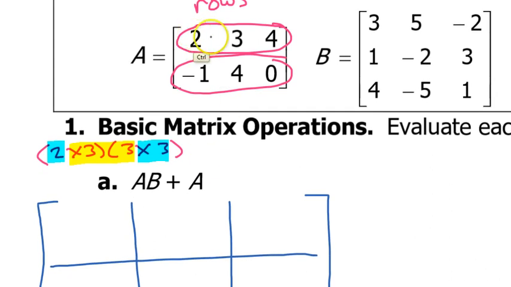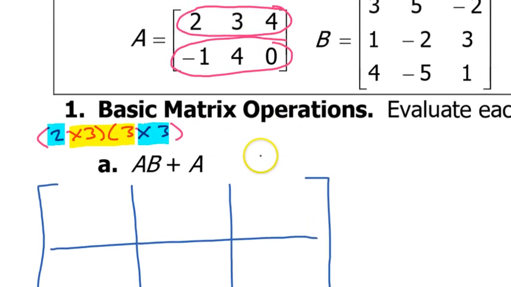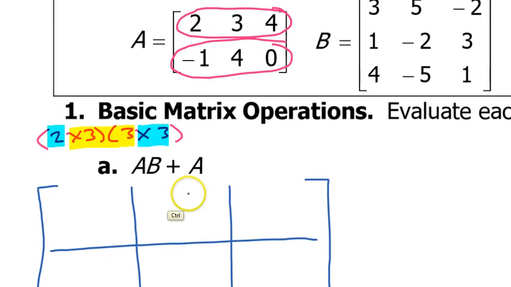So I'm going to take this 2, 3, 4, and I'm going to put it all throughout row 1. So I'm going to have 2, 3, 4, 2, 3, 4, 2, 3, 4. All right, row 1 goes in row 1.